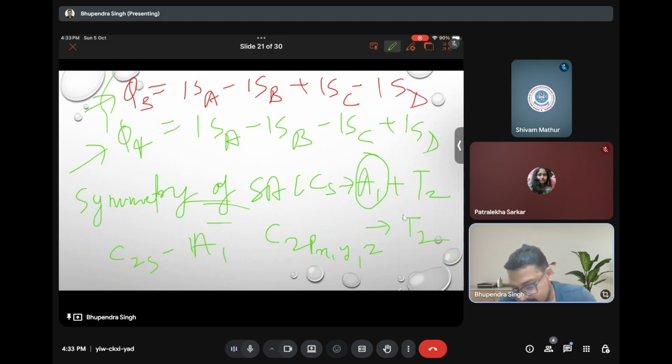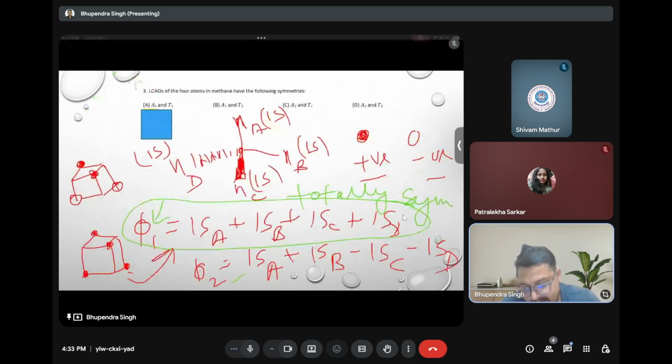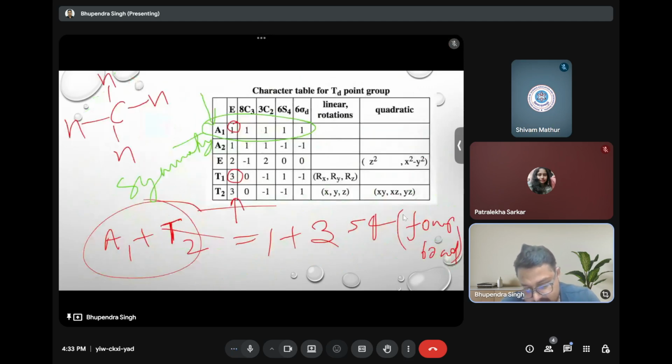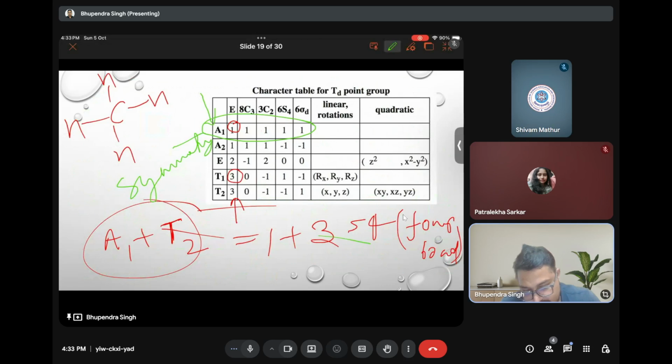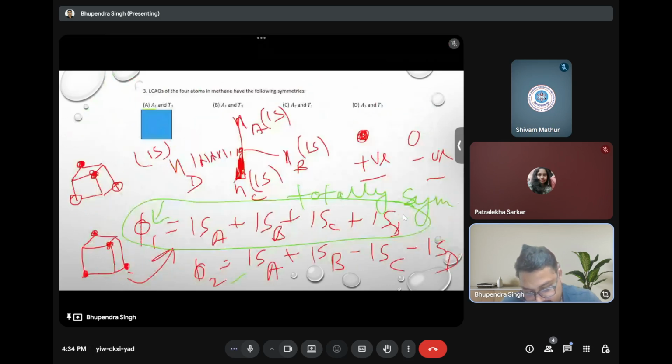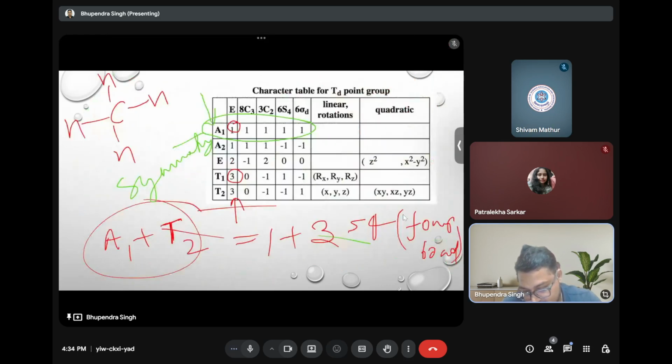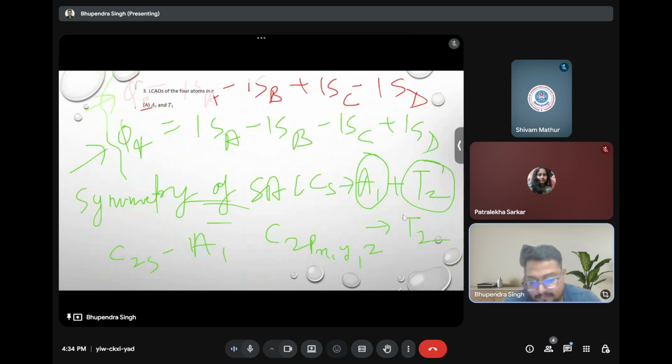So these three are for T2. T2, we already have seen, has degeneracy 3, so that is also what we are getting. Phi 2, phi 3 and phi 4 are for Px, Py, Pz. So these are the symmetries.